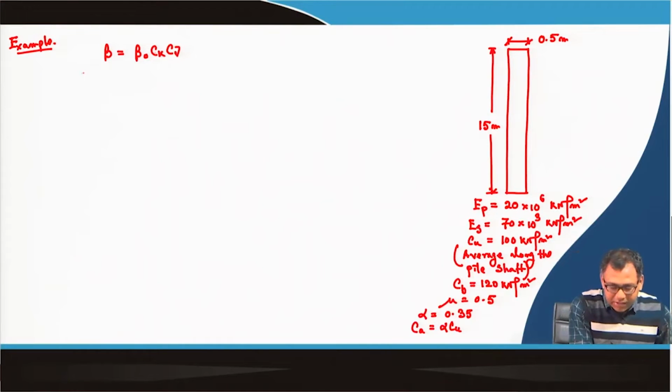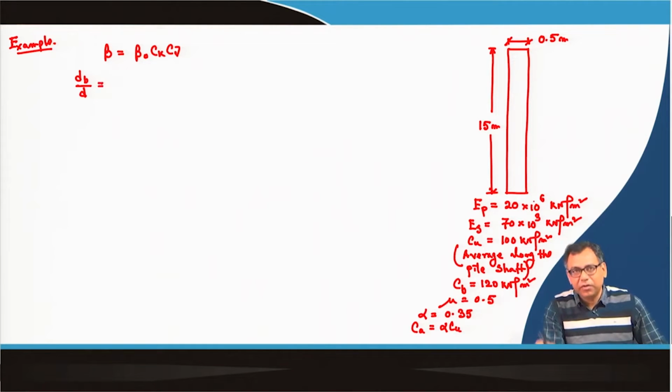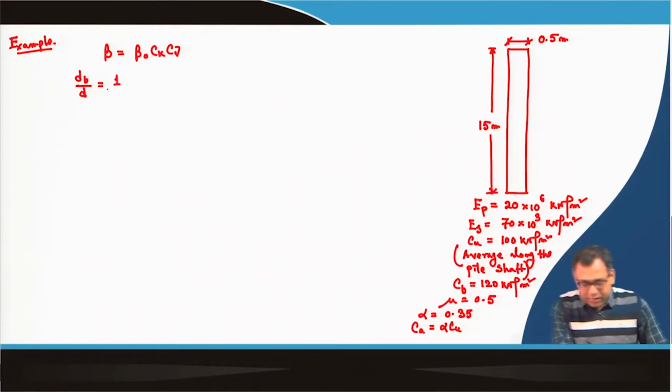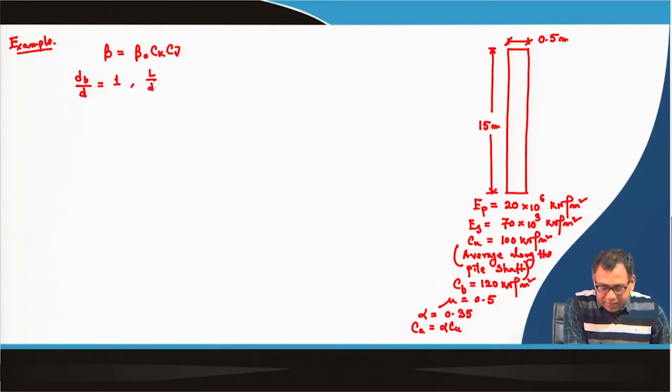Now we have d b, that means the diameter of the base, and the diameter of the shaft. Both are the same because it is a uniform cross section, so we can write this equal to 1, and L by D is 15 divided by 0.5, so that is equal to 30.